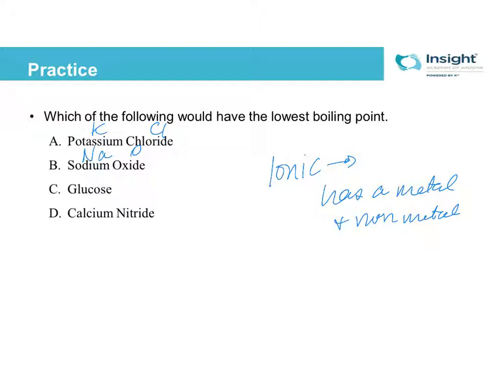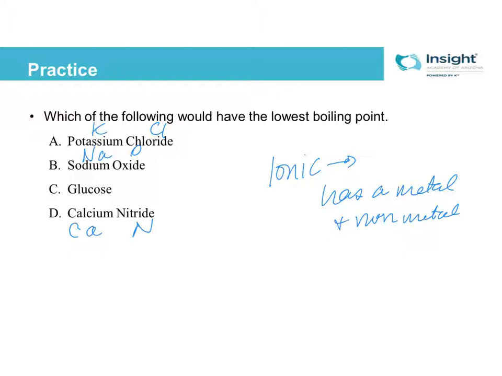Let's move on to the next one. Calcium nitride. That's going to be calcium and nitrogen. That's a metal and a nonmetal. So A, B, and D are all ionic compounds. So those should all have really high boiling points. So by process of elimination, I'm pretty sure the right answer has to be glucose.